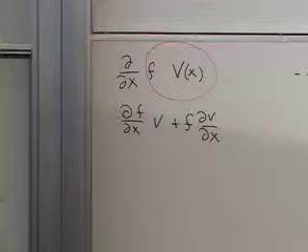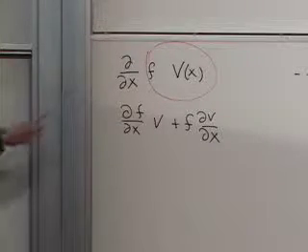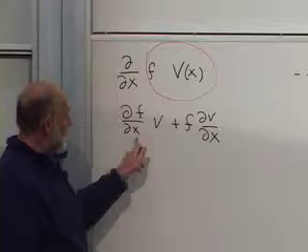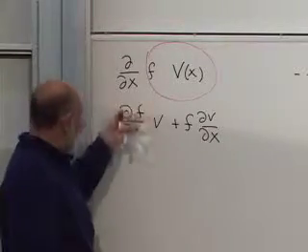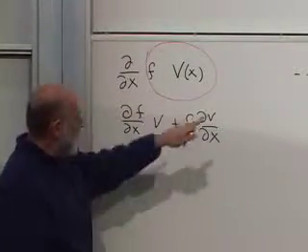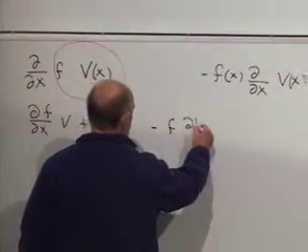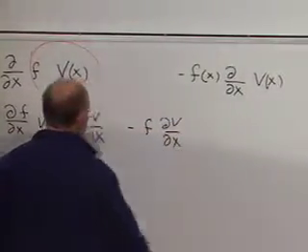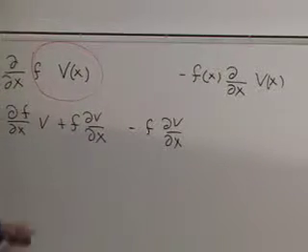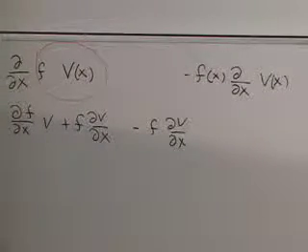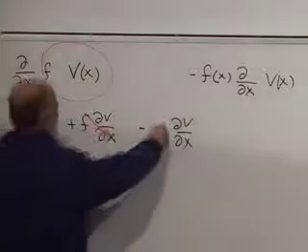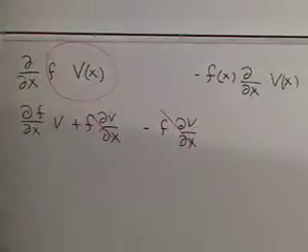All I've used is the simple calculus rule that the derivative of a product is the sum of, well, you know what. Then we have to subtract off minus f dv by dx. But that's the same as this. So these cancel. And what are we left with?